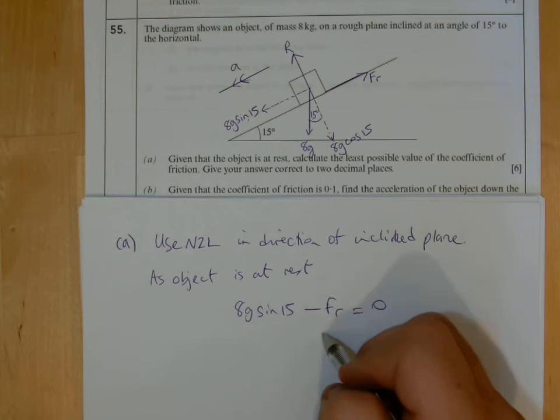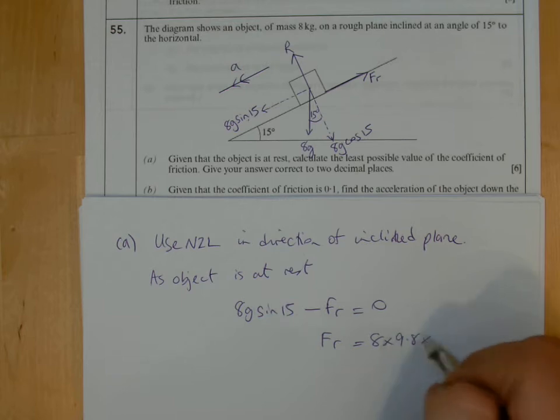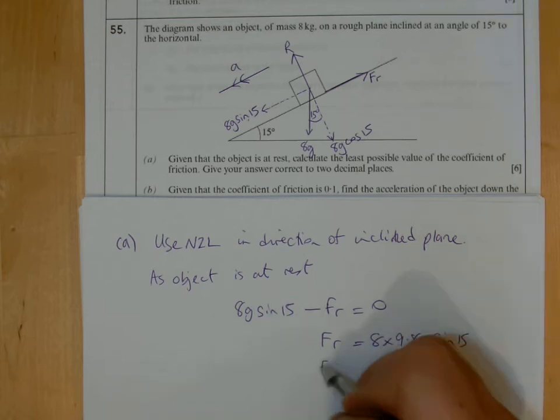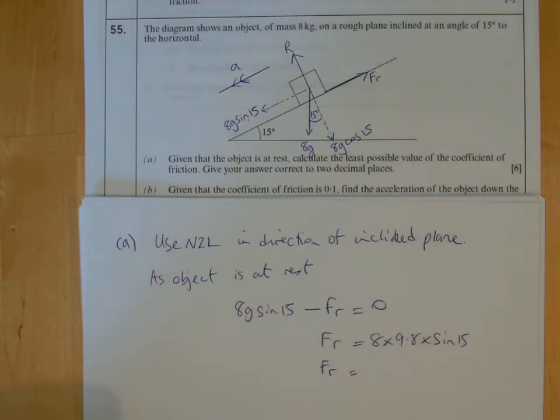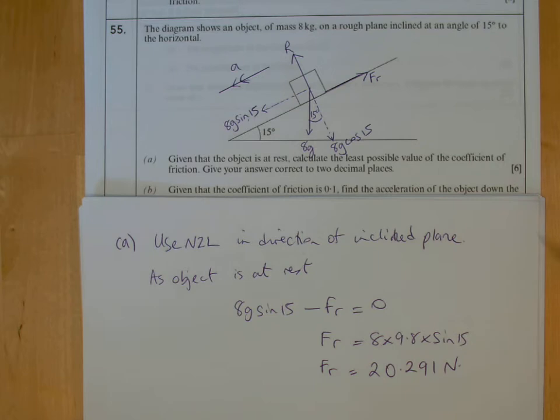So the friction is going to equal, taking it over to the side, 8g sine 15. So 8 times 9.8 times sine 15. We get 20.291. We'll go for three decimal places here because we haven't answered the question yet, and we want the least possible value of the coefficient of friction.